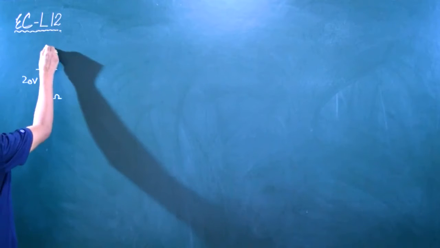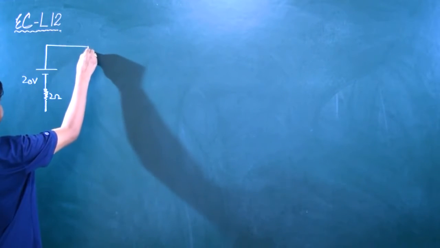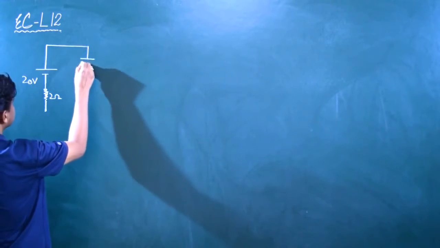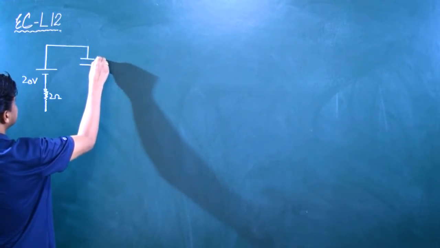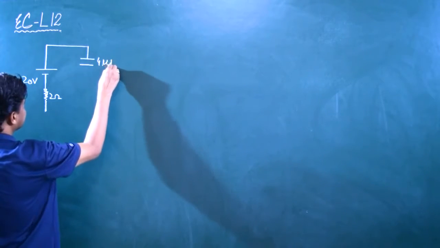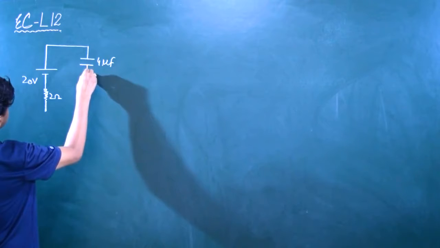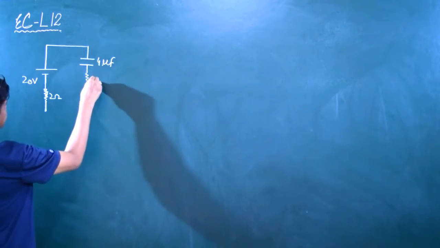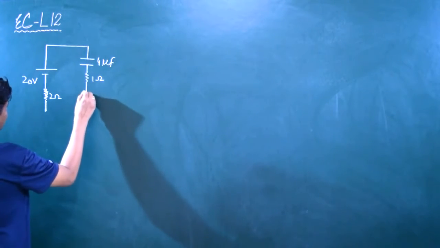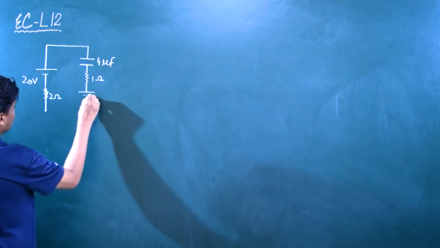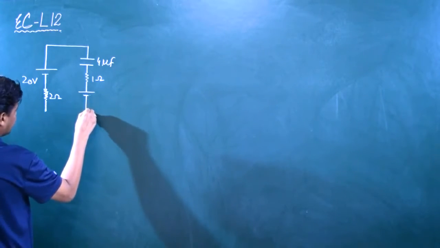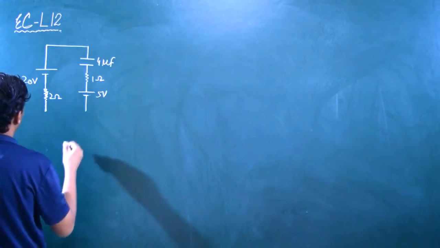20 volt, 2 ohm, this one is a capacitor of capacitance 4 microfarad. One resistor we have of resistance value 1 ohm, and also we have a source of 5 volt.